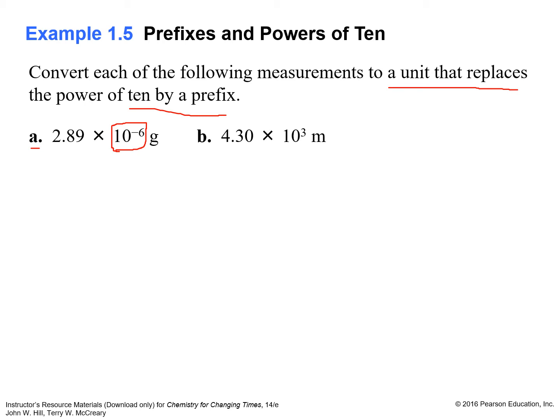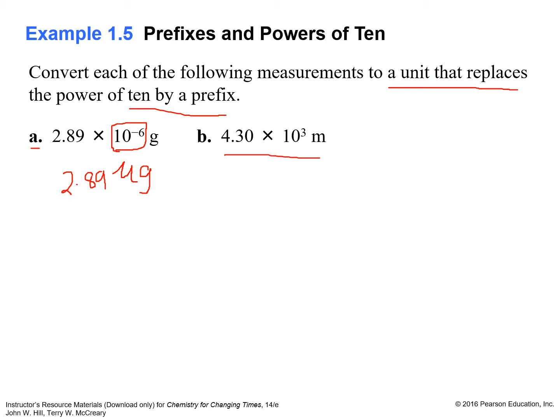So you could replace that with the prefix. We know that 10 raised to minus 6 is micro. So you could express this as 2.89 micrograms just by knowing what the prefix is in terms of powers of 10.